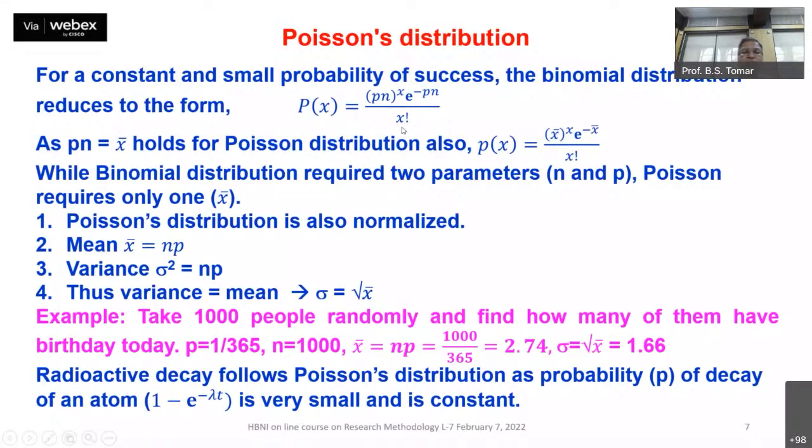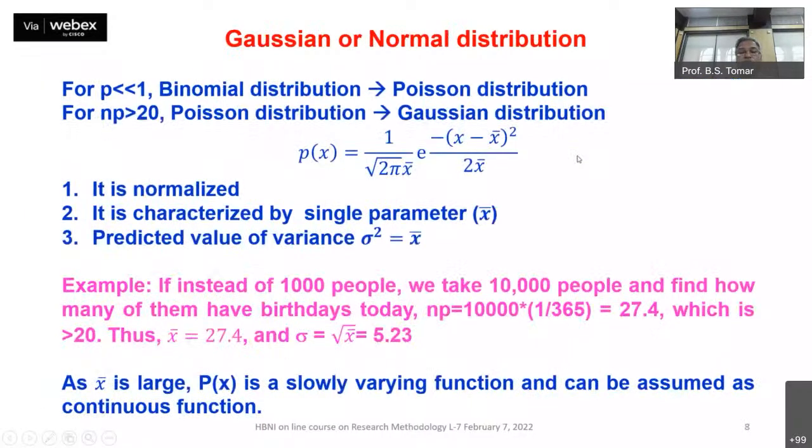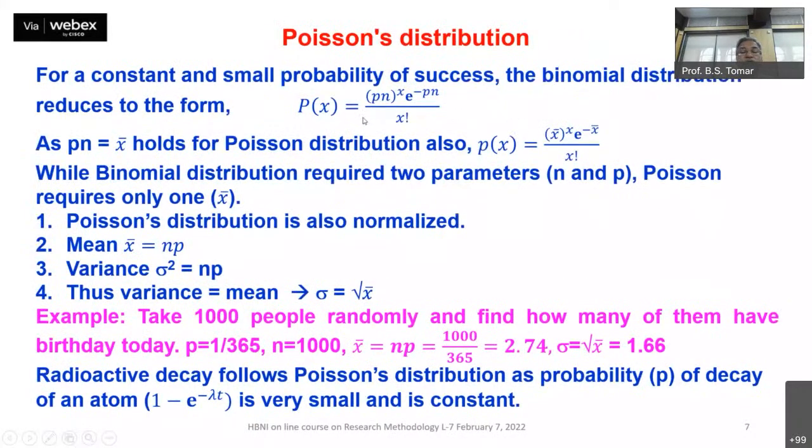And x bar we can write as pn. So for the Poisson distribution also, the mean is equal to np, and you can write P(x) equal to x bar to the power x e raised to minus x bar upon x factorial.